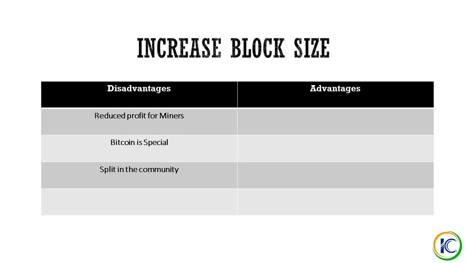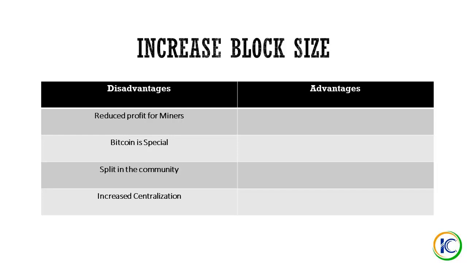Consensus is very, very important, and when people don't come to consensus, this will inevitably cause a fork in the system, which will split the Bitcoin network, and in the same process it's going to split the community as well, because a few people will be for the increase in the block size, and a few people will be against the split in the blockchain or the increase in the block size. So that's basically the third disadvantage.